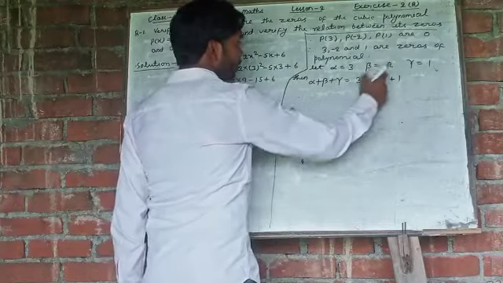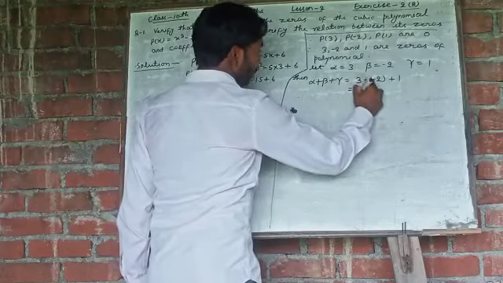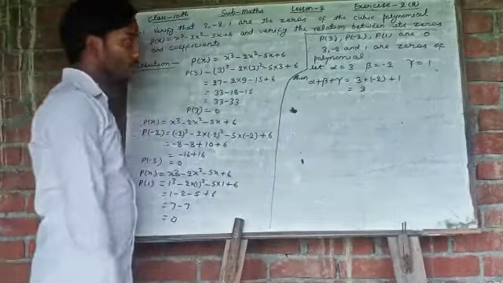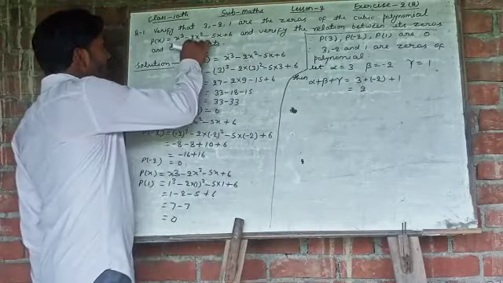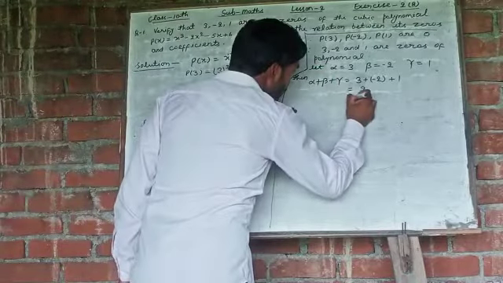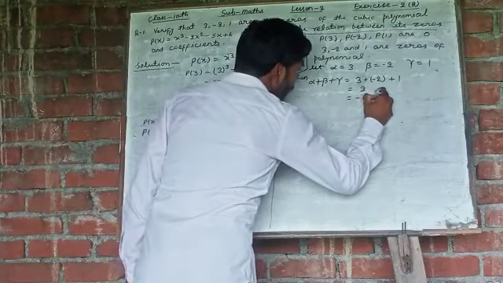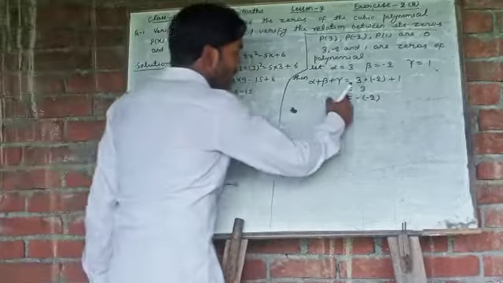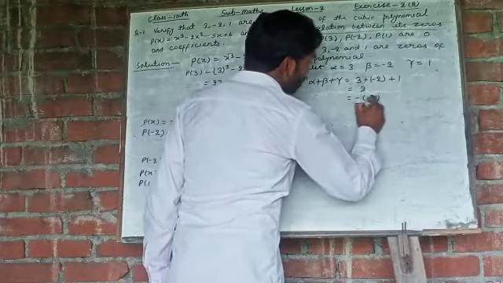From here, 3 and 1 make 4, and 4 minus 2 is 2. And here you can see that we can write it as -(-2)/1, because minus minus will be plus.